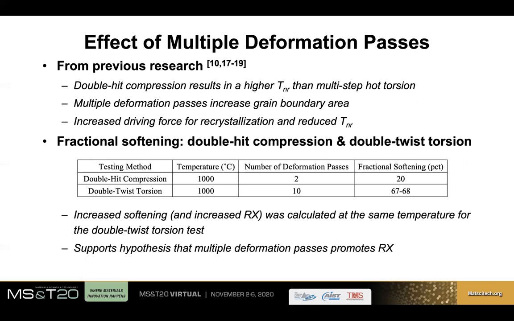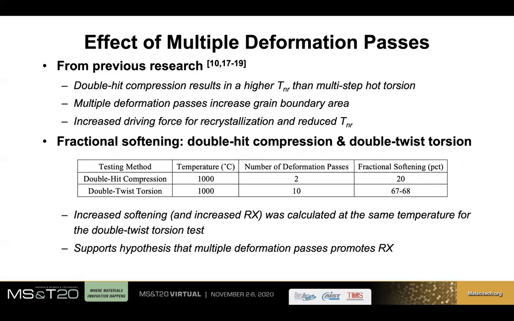So now we'll look at the effect of multiple deformation passes on recrystallization and fractional softening. And we'll do this by comparing the double hit compression test to the double twist torsion test at 1000 degrees C. So from the previous research that I mentioned by Karen Holmshire, it was found that double hit compression testing consistently resulted in a higher TNR than multi-step hot torsion testing.